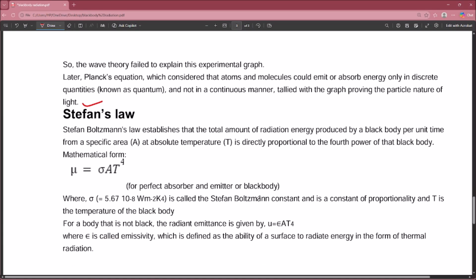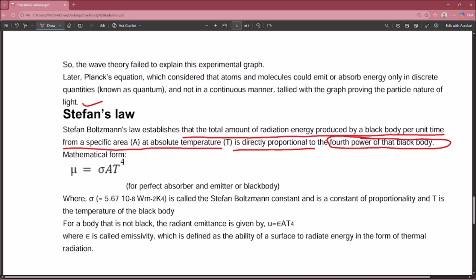Next is Stefan's law. The Stefan-Boltzmann law established that the total amount of radiation energy produced by a black body per unit time from a specific area A at absolute temperature is directly proportional to the fourth power of the temperature of the black body.